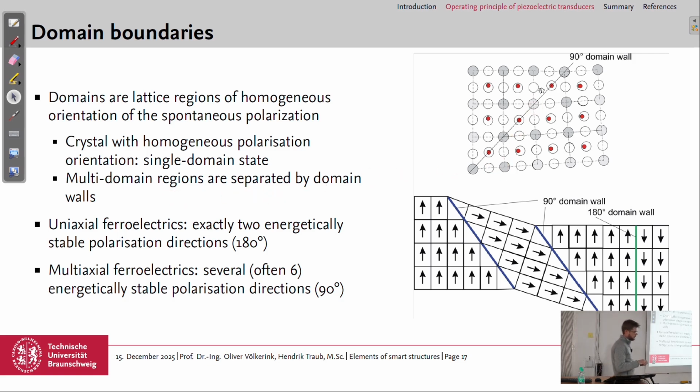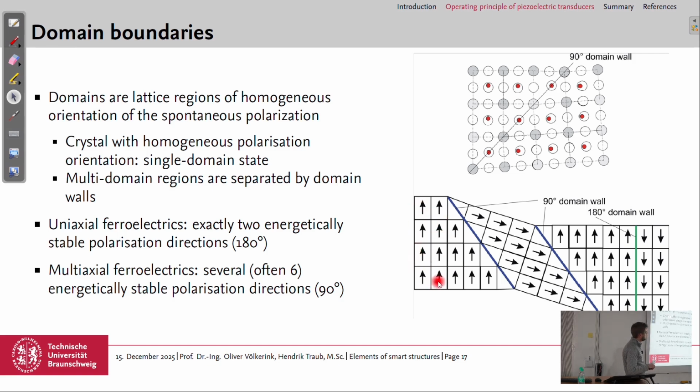If we look at this simplified structure, here we have the element in the middle moved up. So this is a domain. Here's another domain where the element has moved to the left, and between them there is a domain wall. Here's the same with a different kind of figure with arrows for the polarization direction.